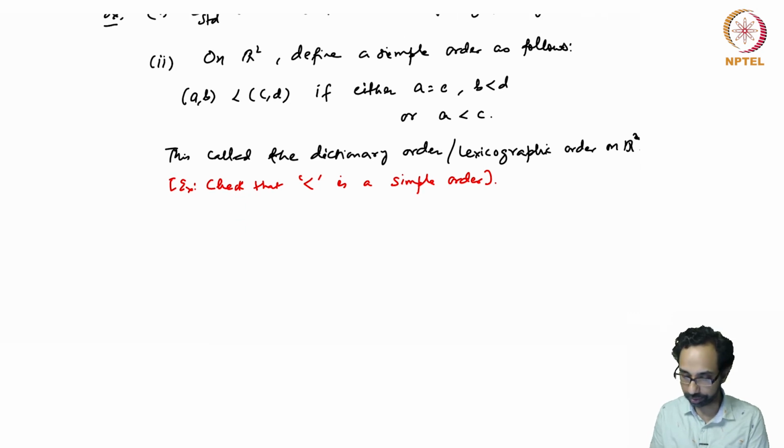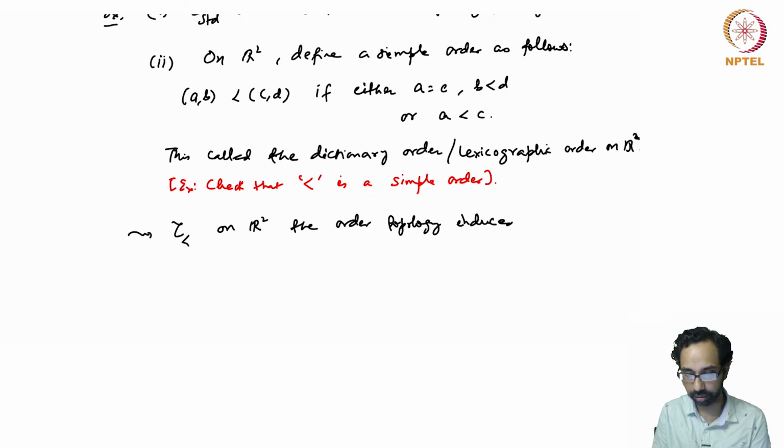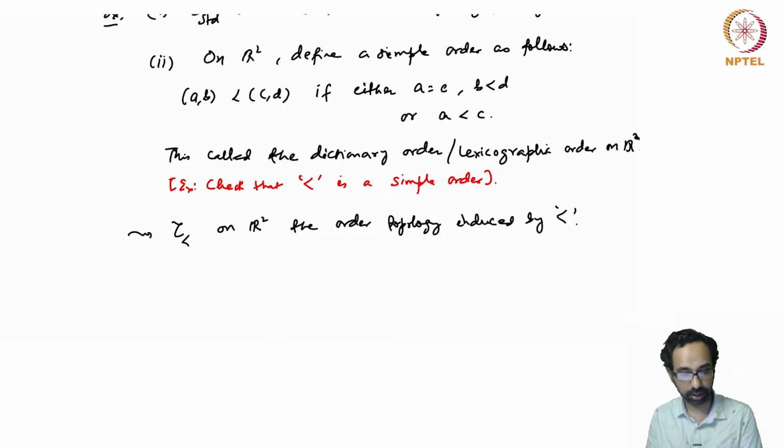So with this dictionary order, this gives a new topology. Let me write it as tau less than on R2, the order topology induced by this relation.